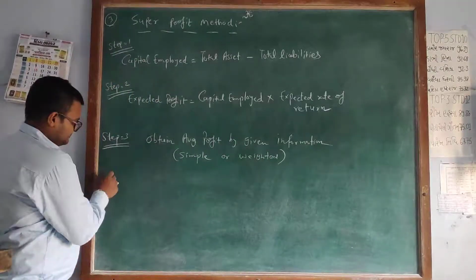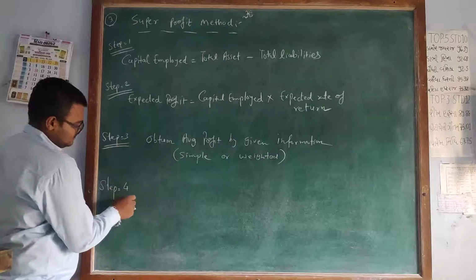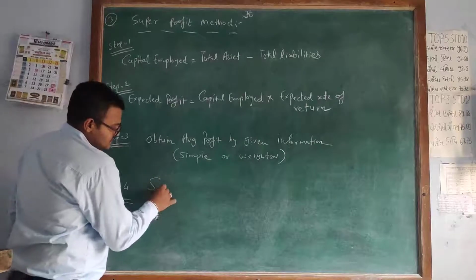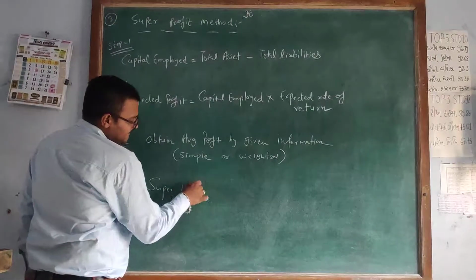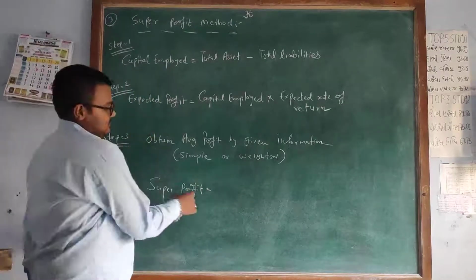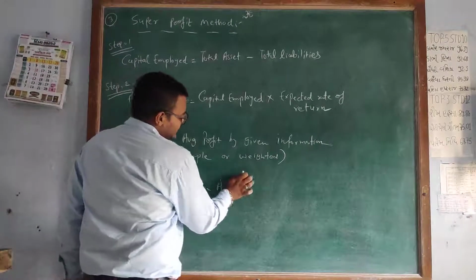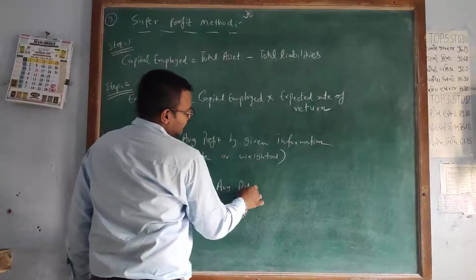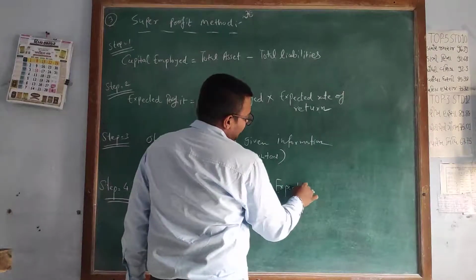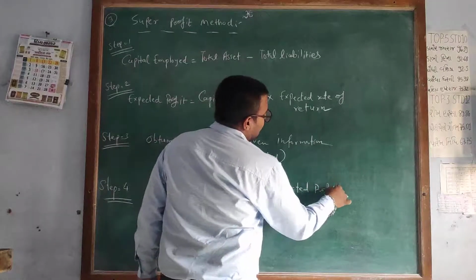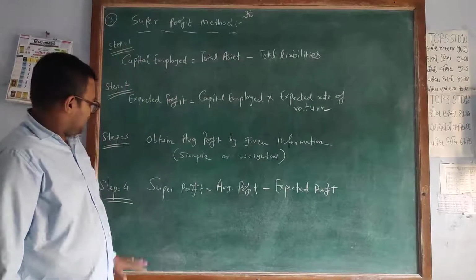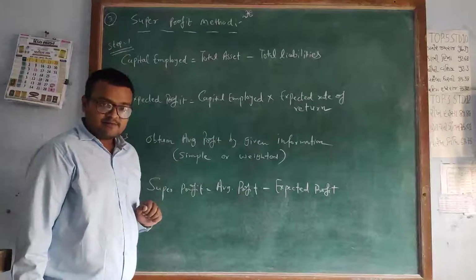Step number 4. Super profit is equal to average profit minus expected profit. Average profit minus expected profit, that will be our super profit.